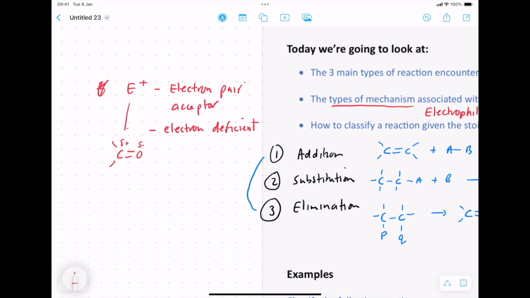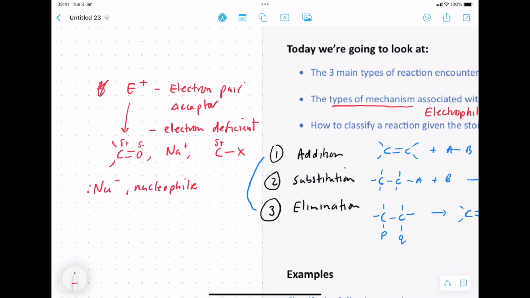So the electrophilic part of that would be the carbon delta plus. It could be a full-blown atom, like a metal positive ion, or any other source of positive charge on a molecule which something electron-rich is drawn to. It could even be just a C-X bond where X could be a halogen or something more electronegative, and you've got that positive charge there. So it's an electron pair acceptor and it's electron deficient.